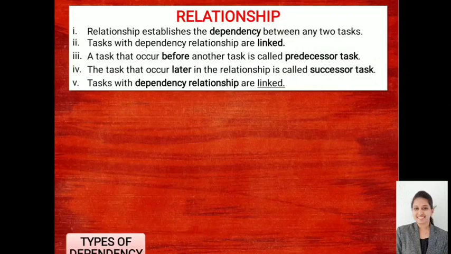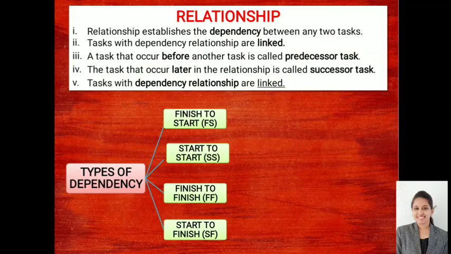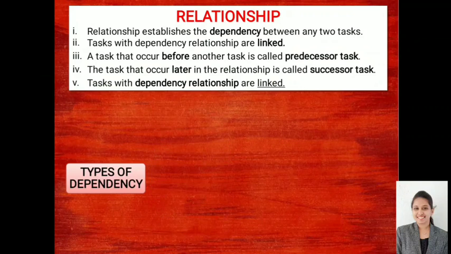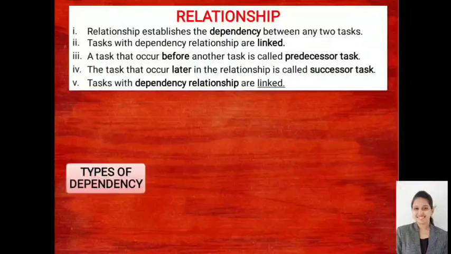You are able to see what you mean by this relationship. Relationship means the dependency between two tasks, and tasks with dependency are always linked. That is, from activity A to activity B, you have to give the relationship, else every activity is assumed to work independently, but it is not so.